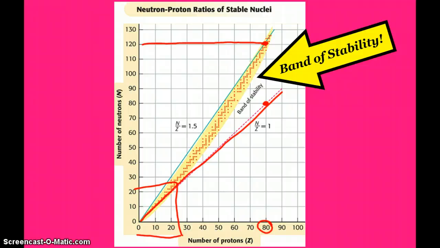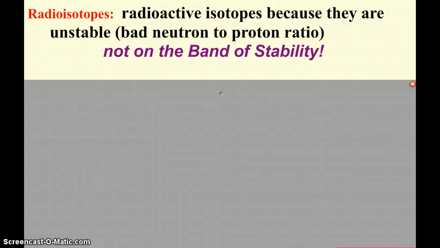Anyway, isotopes of these atoms want to be stable. They want to be on the band of stability, because if they're not, they are what we call radioisotopes. Radioisotopes, they are radioactive isotopes. They are so because they are unstable.